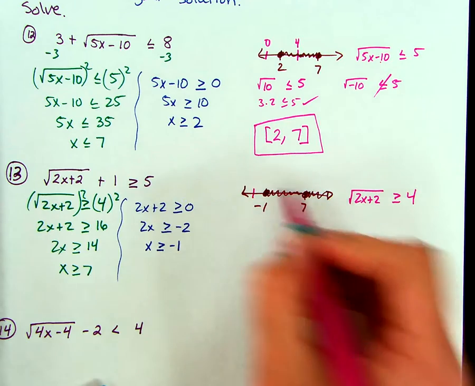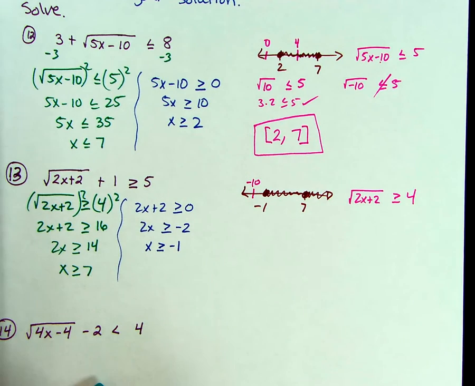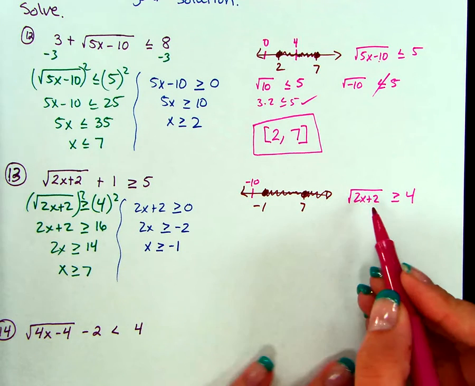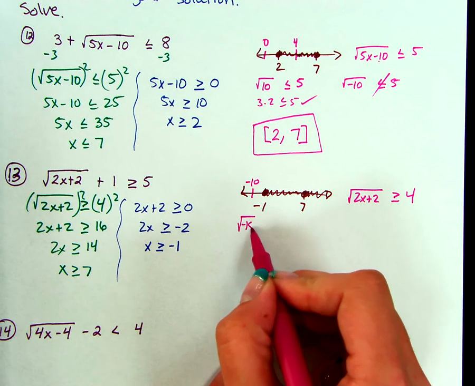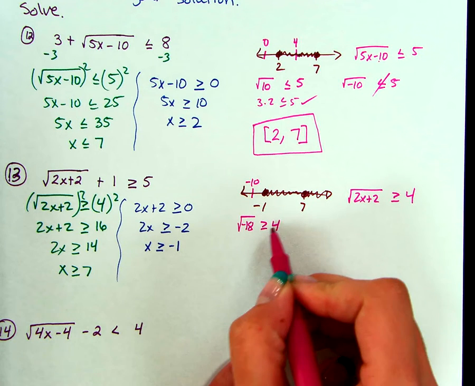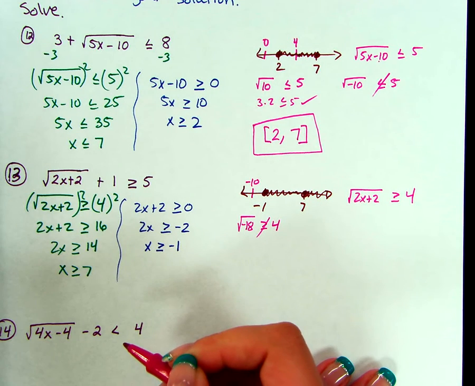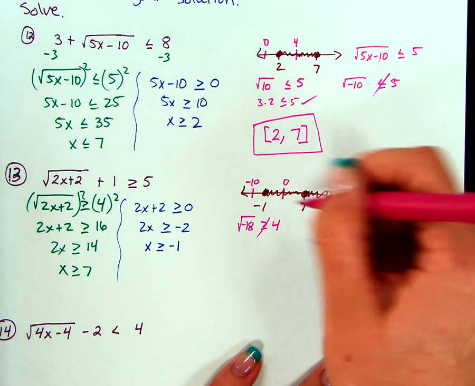So let's pick an easy one, negative 10. If I substitute negative 10 in, 2 times negative 10 is negative 20, plus 2 is the square root of negative 18. Well, this is already false because we're trying to take the square root of a negative. Now if I test in the middle, 0 is in between negative 1 and 7.